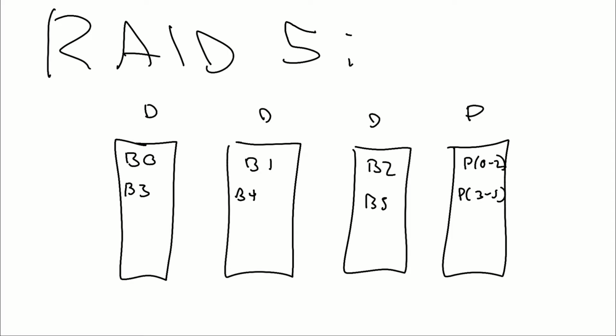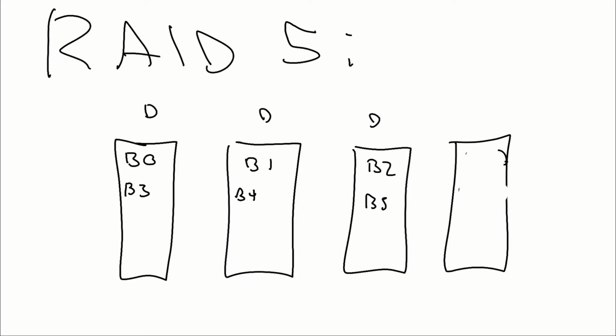So the way that we upgrade to RAID 5 is we actually store the parity bits in the other drives themselves. So if we have 4 drives, they're all going to be sort of data and parity drives. What we're going to do is interleave, and I think that's the name of this. RAID 5 is called block level distributed parity.